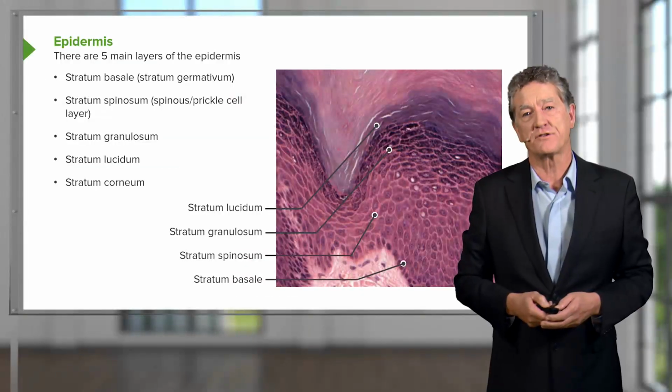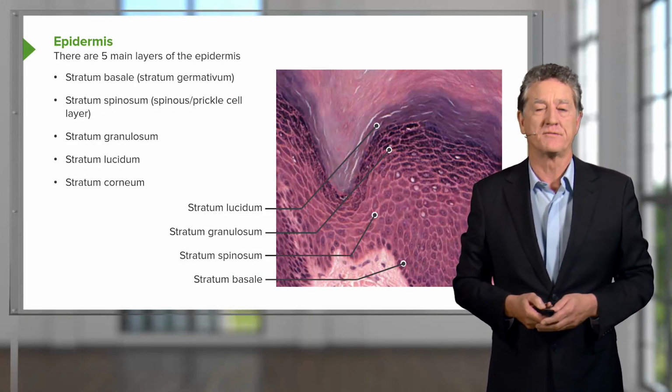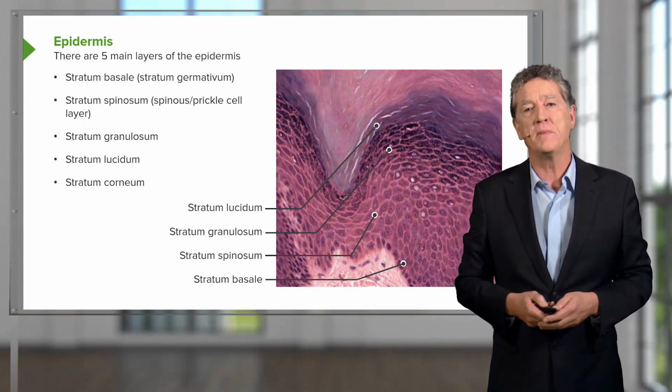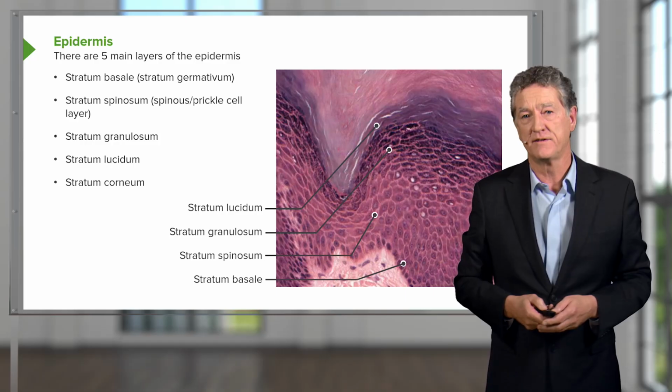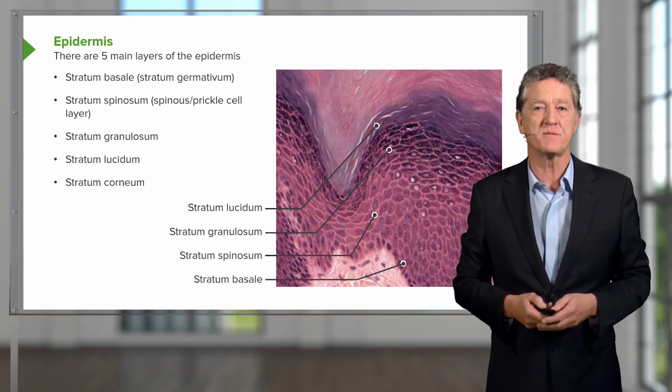The top layer, the stratum corneum, is the layer you see at the surface. This layer consists merely of squames, or cells that have died off and accumulated an enormous amount of keratin.